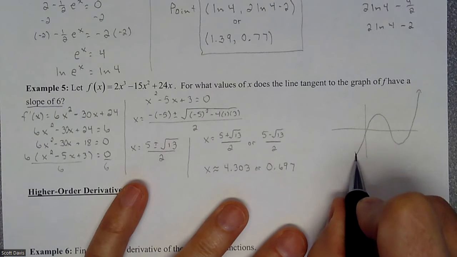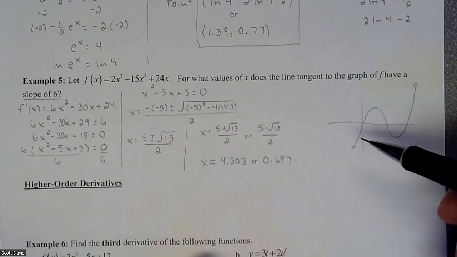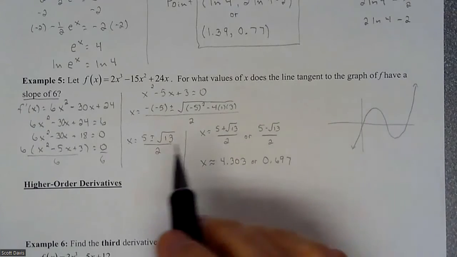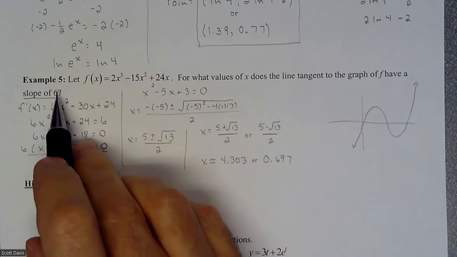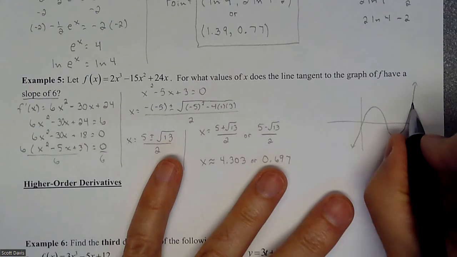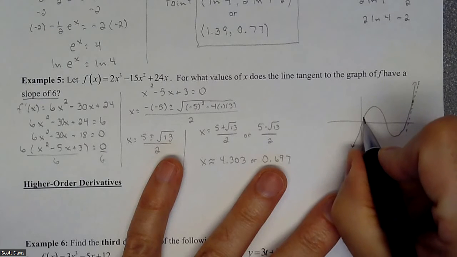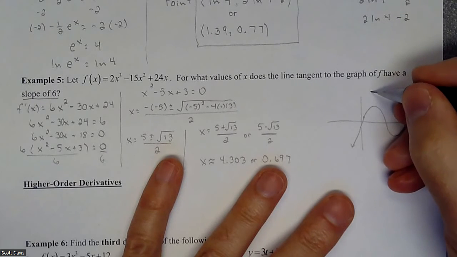I don't have to be too specific, just trying to get a rough idea. And we're looking for when this graph had a steepness of 6. So where is the slope up 6 over 1? This graph is constantly getting steeper, so maybe here could be one point that has that kind of steepness, and then maybe here for another point.